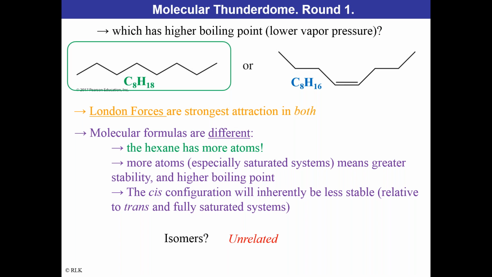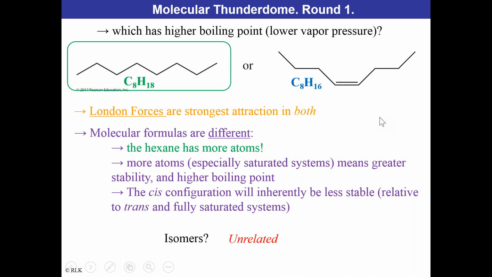It was the one, the figure on the right, without me having to go back, I believe it was the dimethyl butane. That is the one that had the lower boiling point. So in this particular case, this octene molecule here in the cis configuration will also have the lower boiling point.